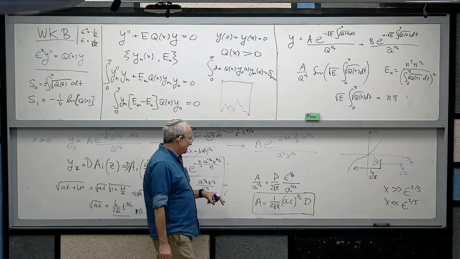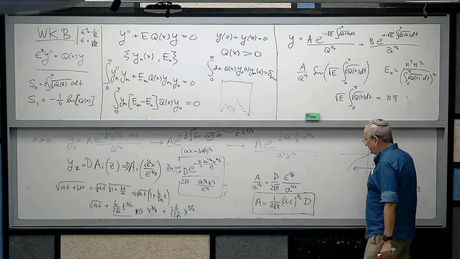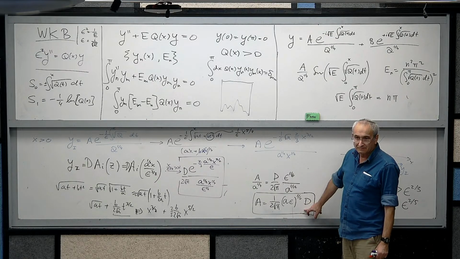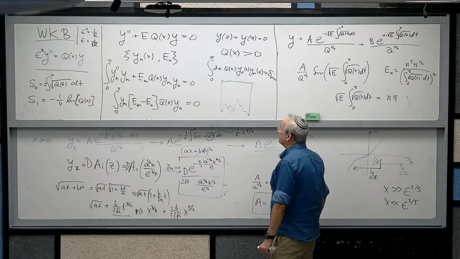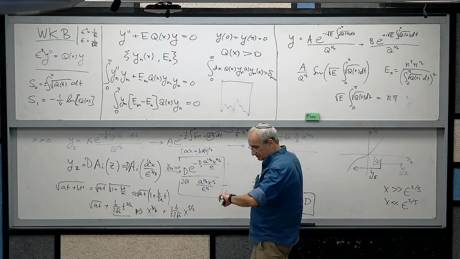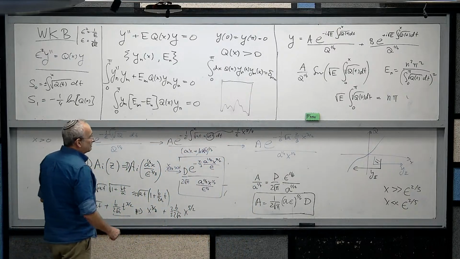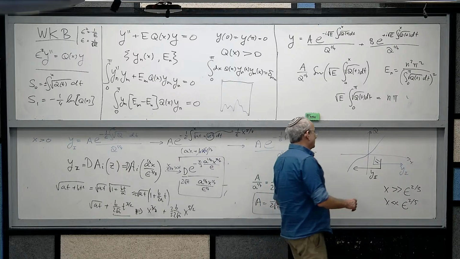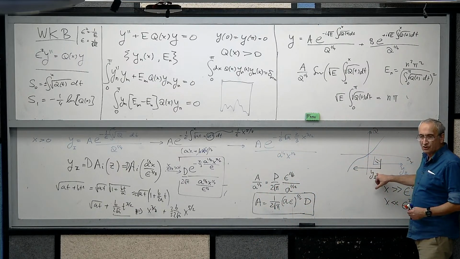And what I did is to establish a relationship between A and D. This is what we did. Now, all this was done in order to, here we have the area function.